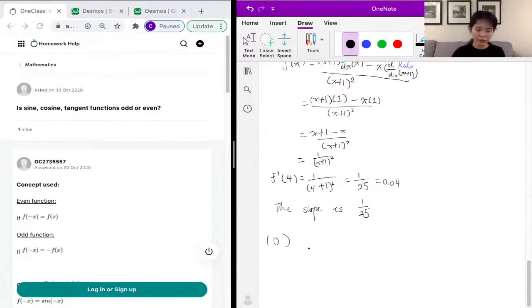But if you want, you could derive them using basic trig identities, negative trig identities, and the concept of odd and even functions.